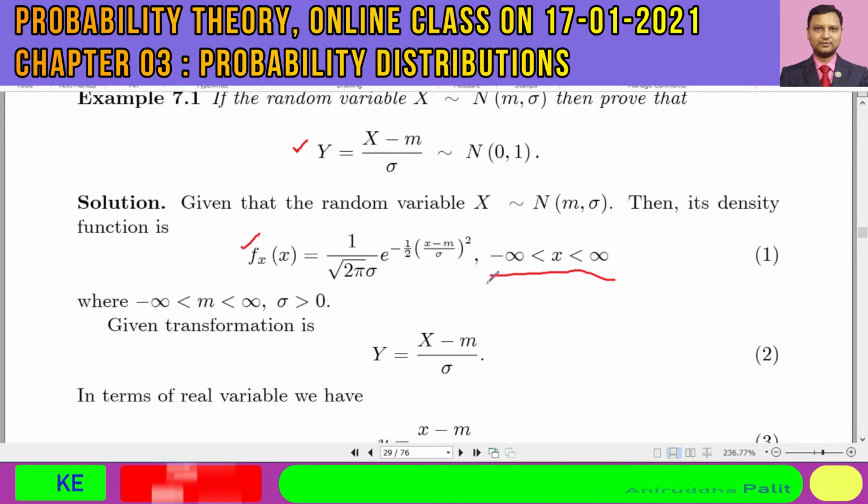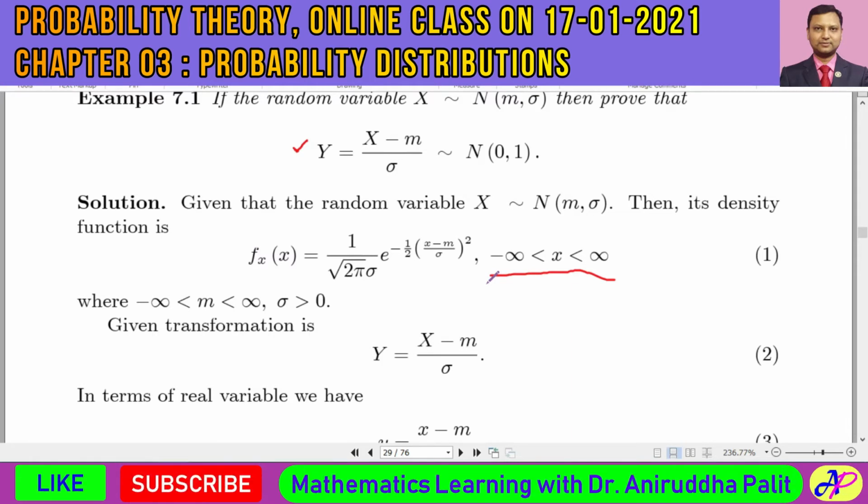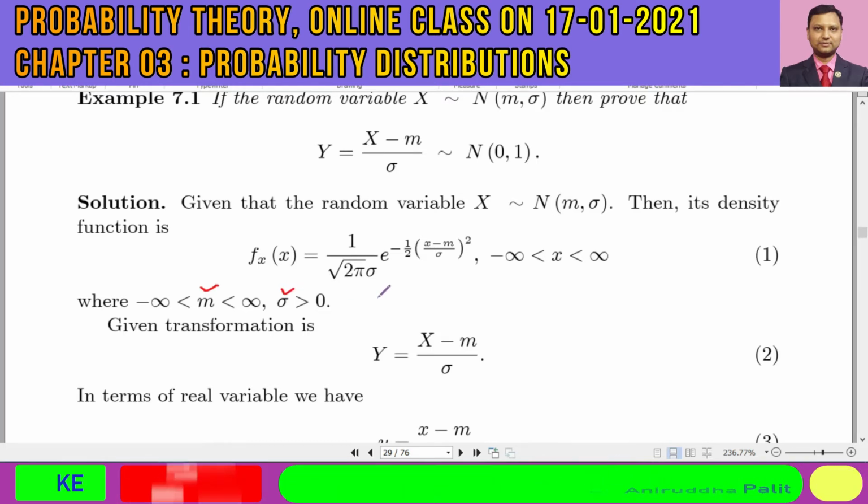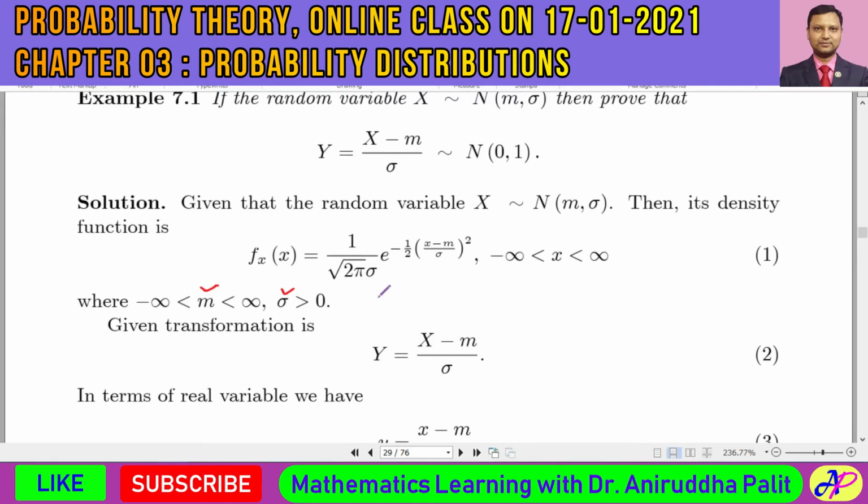And whenever you write a density function, do not forget to mention the corresponding range of the parameters. Over here, the first parameter m varies from minus infinity to plus infinity, and the parameter sigma is a positive parameter. If you do not include these ranges, the definition of the random variable x or the probability distribution is incomplete.